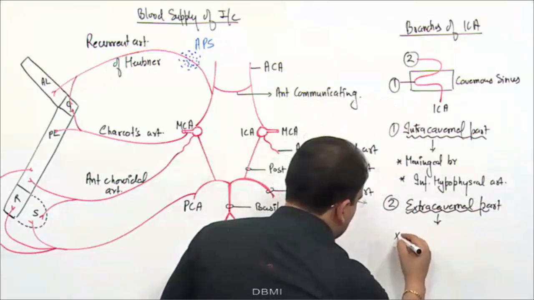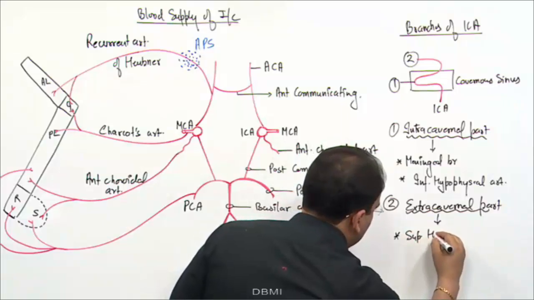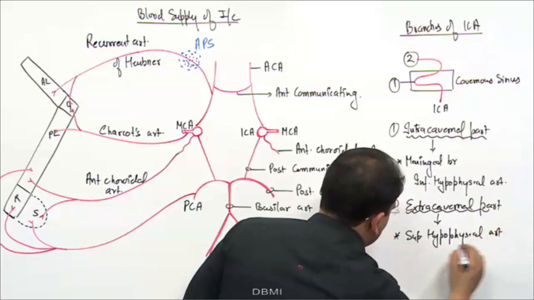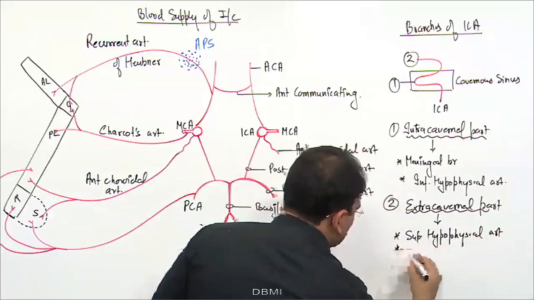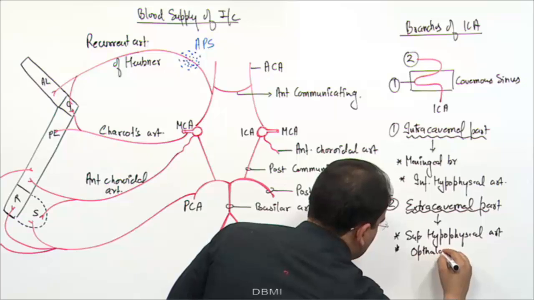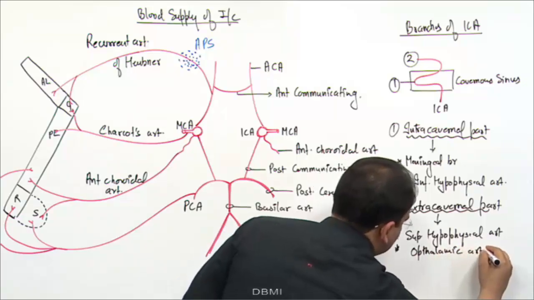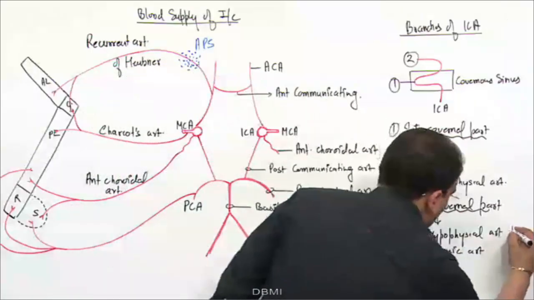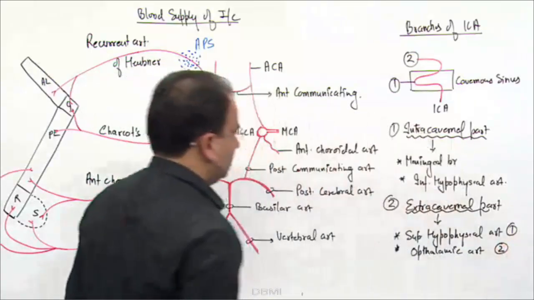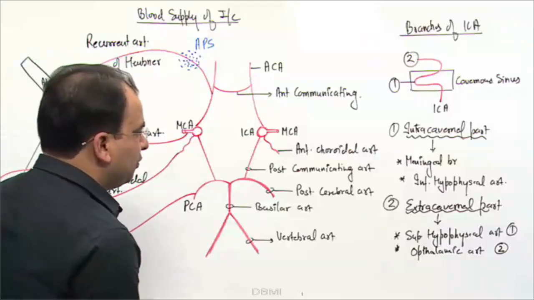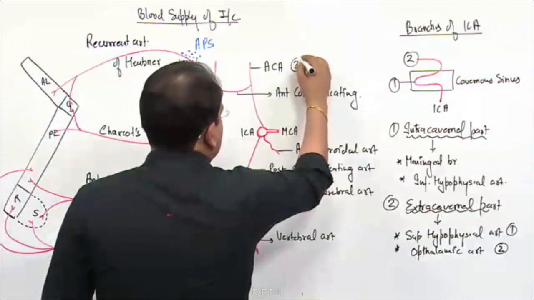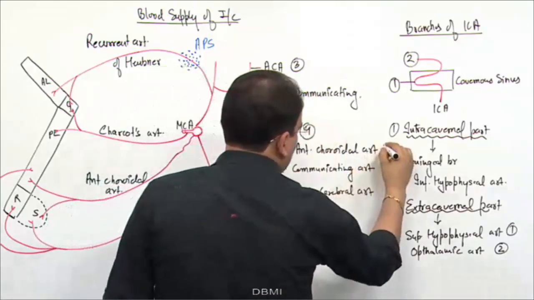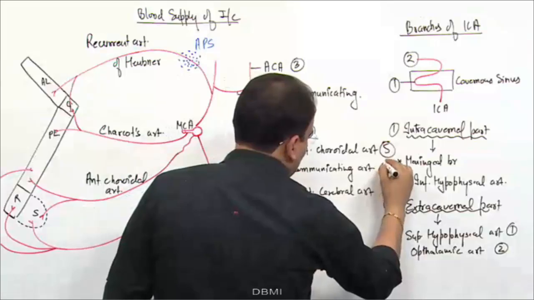First it gives off the superior hypophyseal artery. Then it gives off the ophthalmic artery, and the rest of the branches we already discussed. This is 1, this is 2. What are the other direct branches of the internal carotid? Anterior cerebral 3, middle cerebral 4, anterior choroidal 5, and posterior communicating 6.